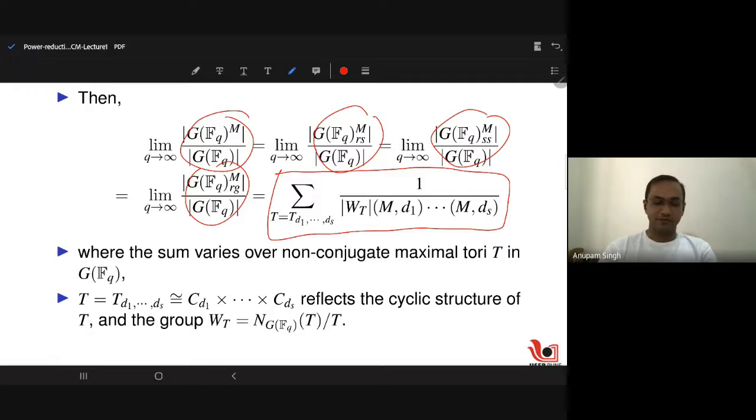So I'm looking at a sum over something, and the sum is over maximal tori, non-conjugate maximal tori up to conjugacy.